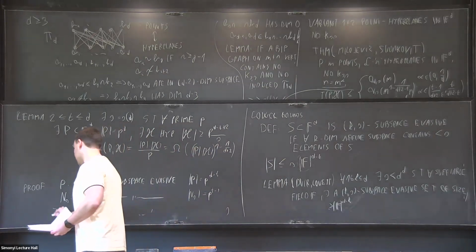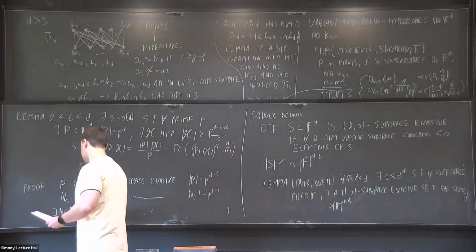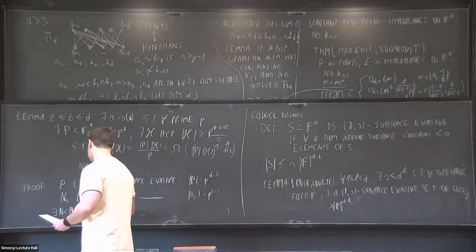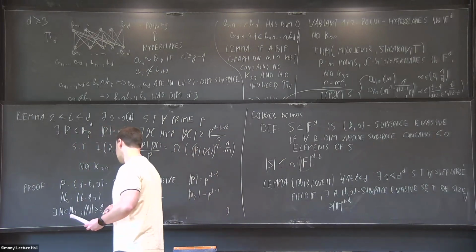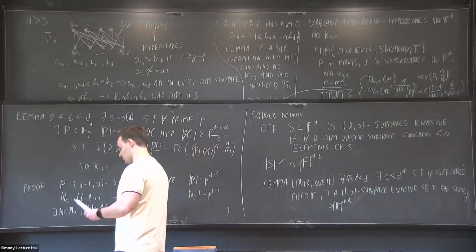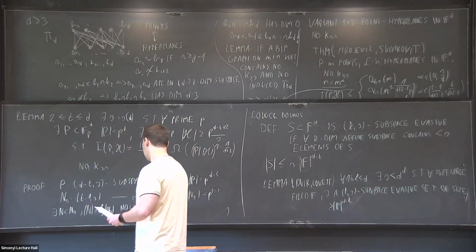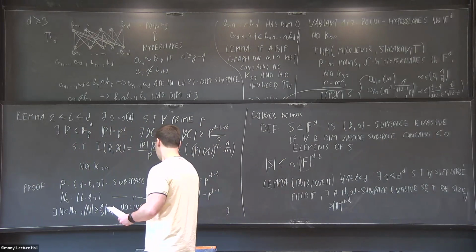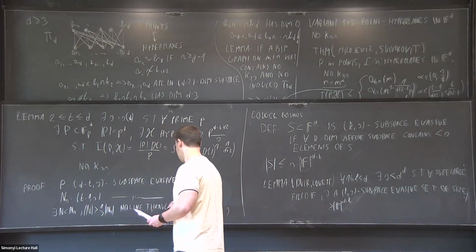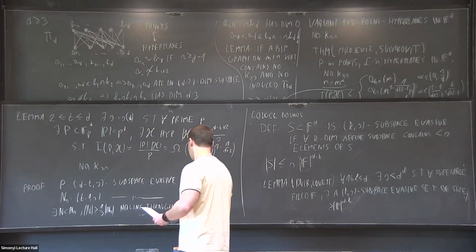So I can find some subset n of n0 of size at least 1 over s times the size of n0 such that no linear lines, no lines through 0, contain 2 points.